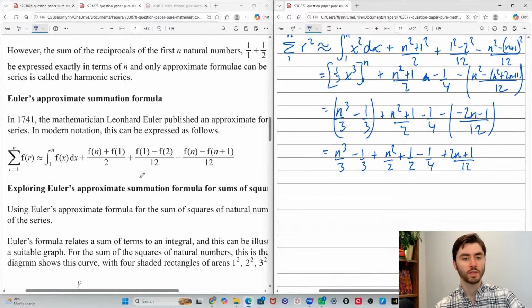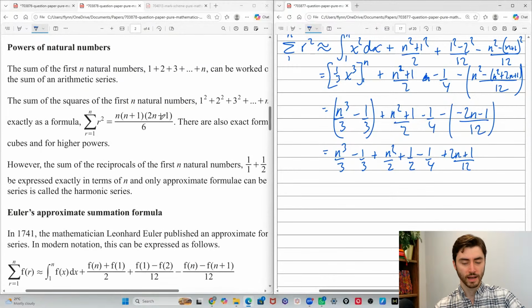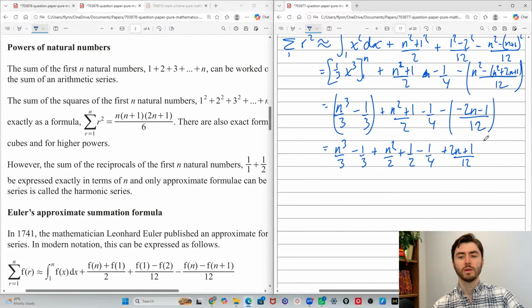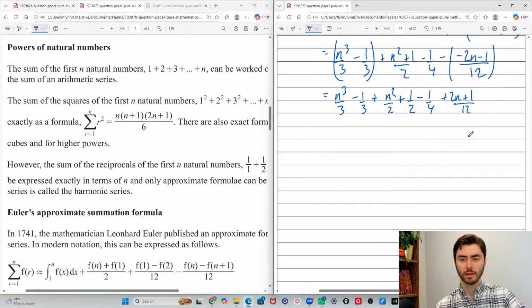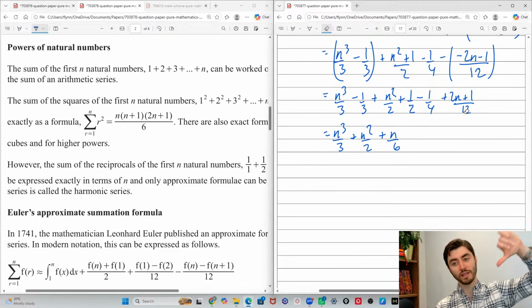Now I want to show that that equals this guy. So I'm going to split everything out. So n cubed over 3 plus n squared over 2 plus n over 6 are all my n parts. And I got that n over 6 by splitting this out. So it's 2n over 12 plus 1 over 12.